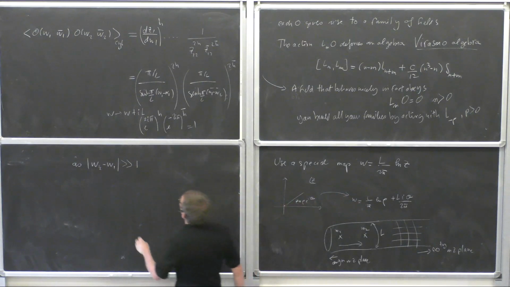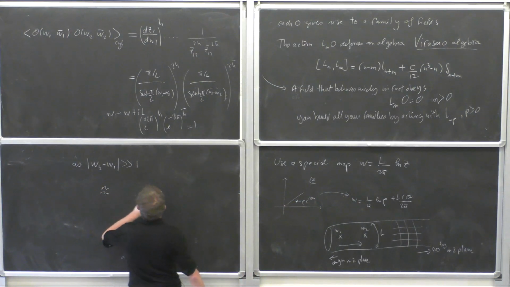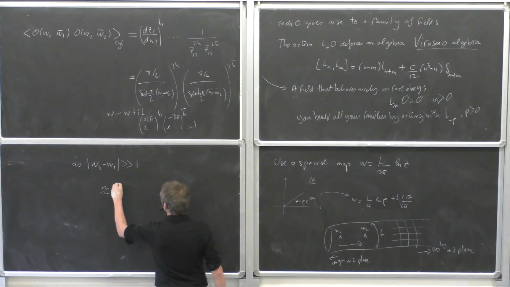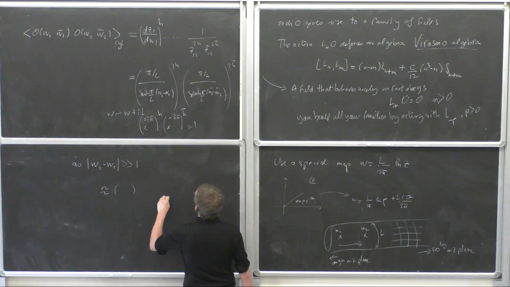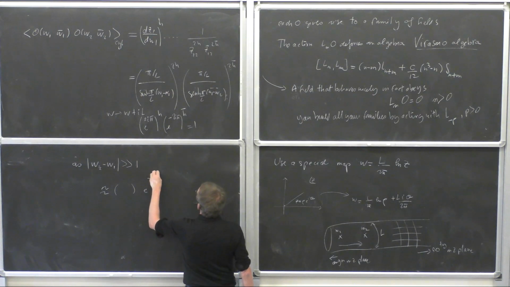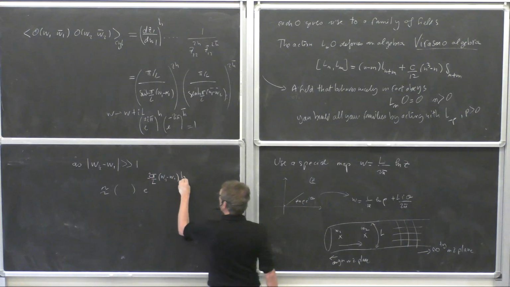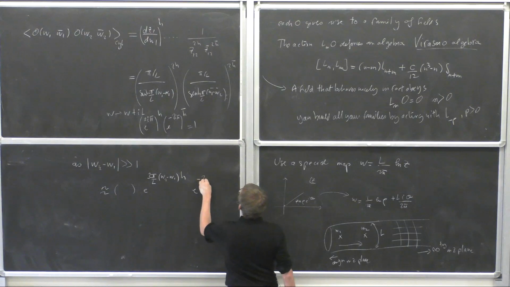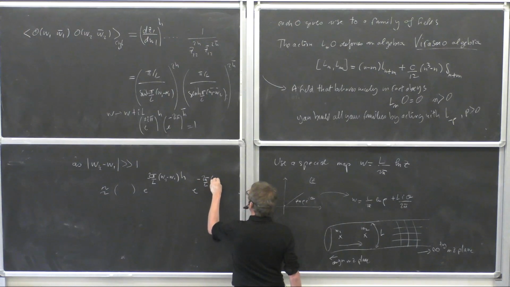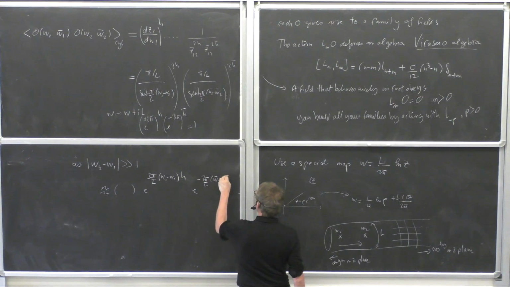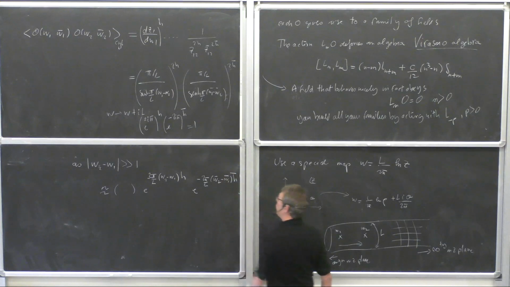I can approximate this correlation function by some numbers I'm not going to care about, and then e to the minus 2 pi over L h (W2 minus W1), e to the minus 2 pi over L h bar (W bar 2 minus W bar 1).